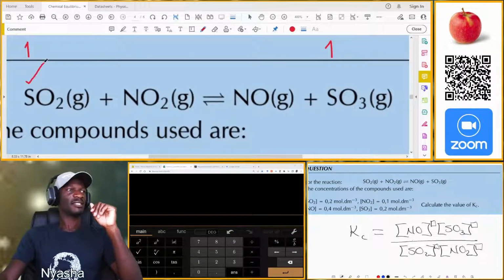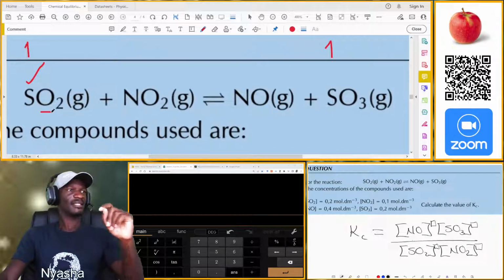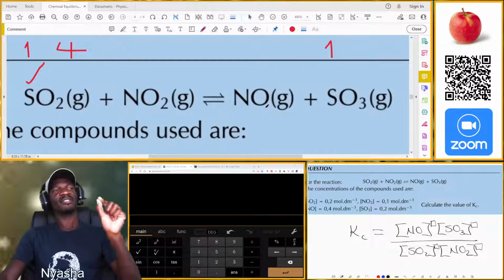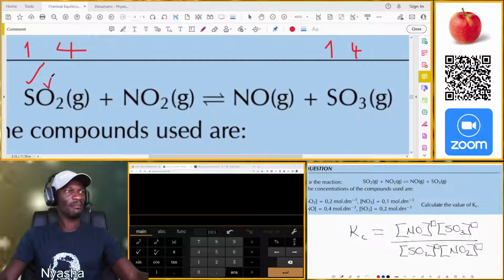How many oxygens on the left-hand side? 2 oxygens plus another 2 oxygens, making 4 oxygens. On the right-hand side, 1 oxygen plus 3 oxygens gives us 4 oxygens. So for our oxygens, we are balanced and we are happy.